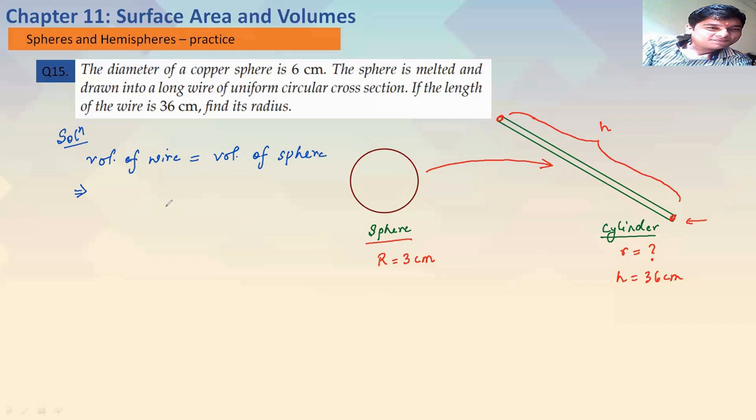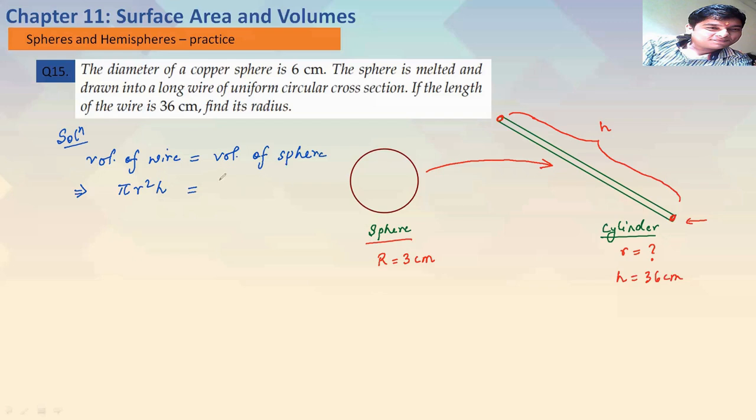Wire is cylindrical, right? So what is going to be the volume of cylinder? Pi r squared h.